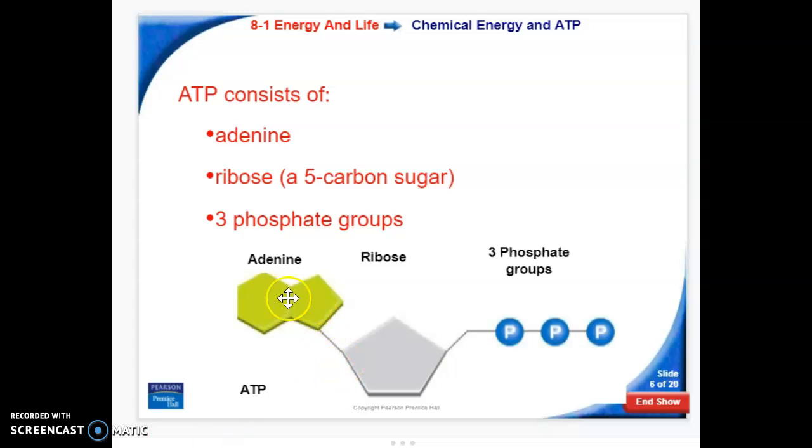It consists of adenine, which is a nitrogen base. You have ribose, which is a 5-carbon sugar. You can see the molecule is designed the way it is because it has the 5 carbons on each side. And then you get the triphosphate because it has 3 phosphates at the end of it.